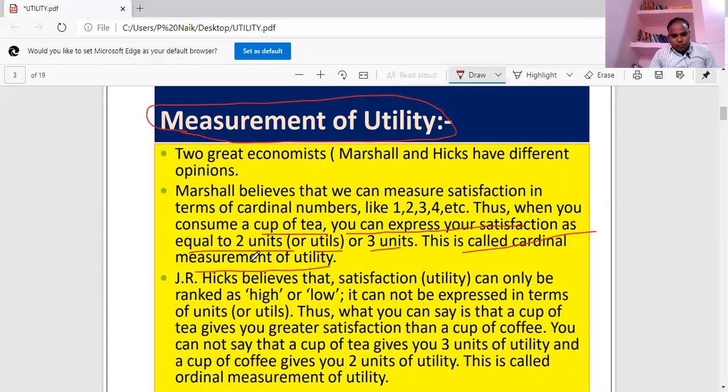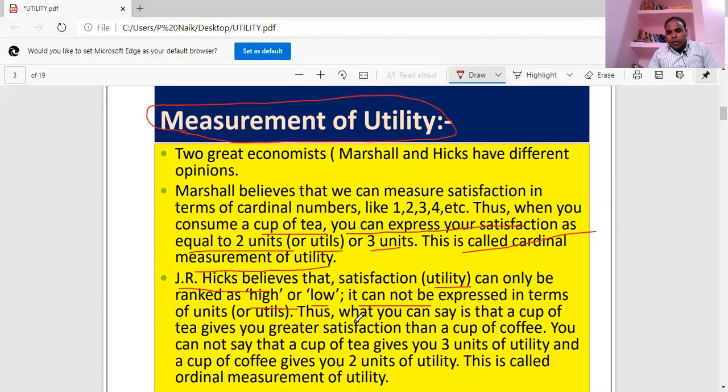In contrast to Marshall, J.R. Hicks gave his statement and opinion. Hicks believes that satisfaction or utility can only be ranked as high or low. It cannot be expressed in terms of units or utils.